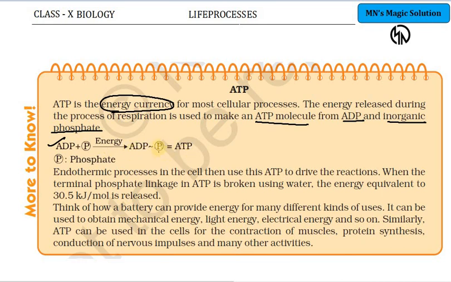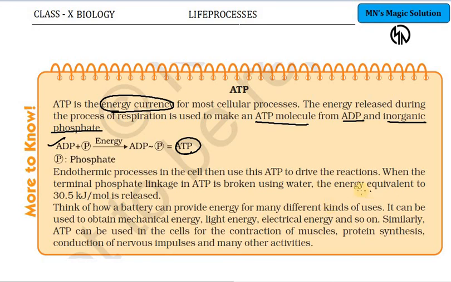That is, the terminal phosphate molecule is linked at the end like this. So it forms ATP. Whenever energy is needed, this terminal linkage breaks and the process liberates energy. Again it gets broken to form ADP and phosphate. So in the process we are getting energy to drive our various processes.